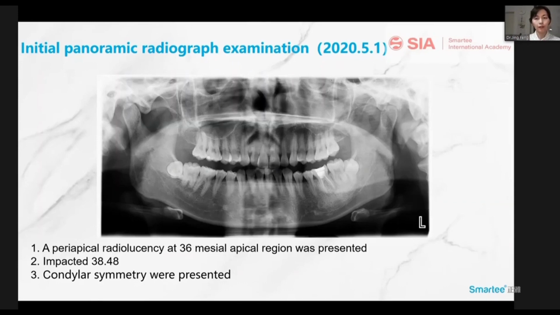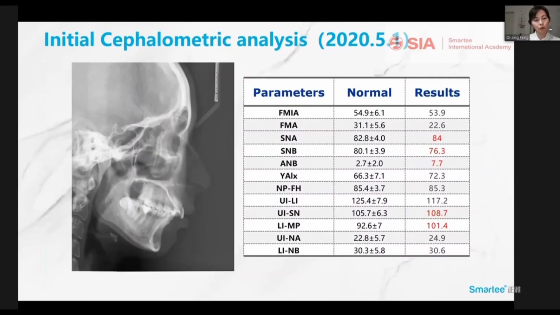The Ceph showed the same things. The nasolabial angle is not bad. The upper incisor inclination is a little bit increased, and the lower jaw position is retruded. It can be seen from the SNB, which is reduced, and ANB, which is increased.